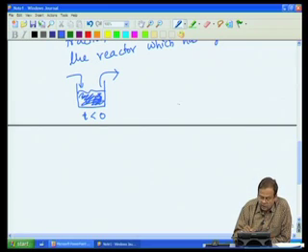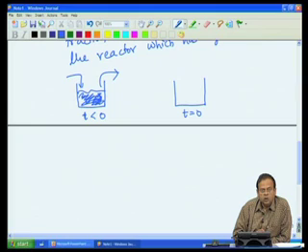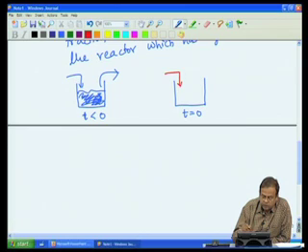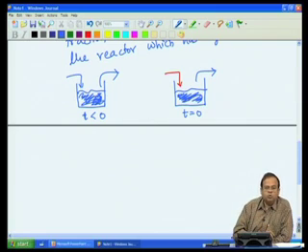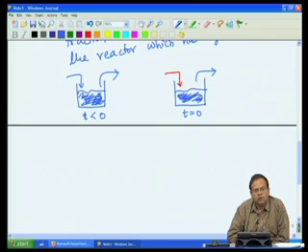Now, let us say that at time t equal to 0, we start putting red fluid into this reactor. What was there in this reactor? The fluid inside was all blue.